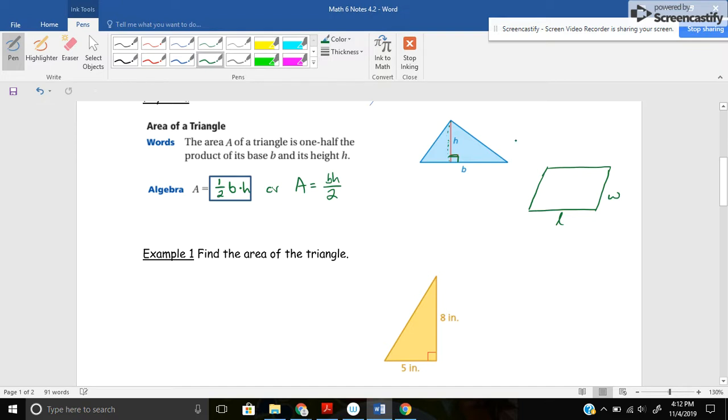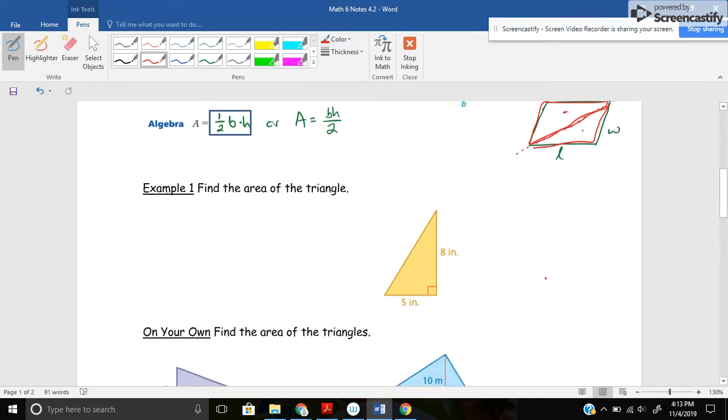What you'll notice is if we cut that shape in half, now we have two triangles, one here and one here. So that's where the formula comes from: base times height, or length times width, divided by 2, because there's two triangles in a parallelogram. In your Khan Academy videos, if you watch any of those, he'll explain that too.